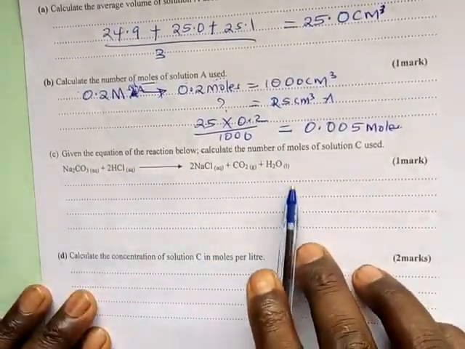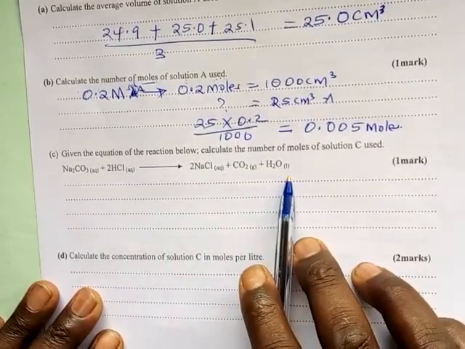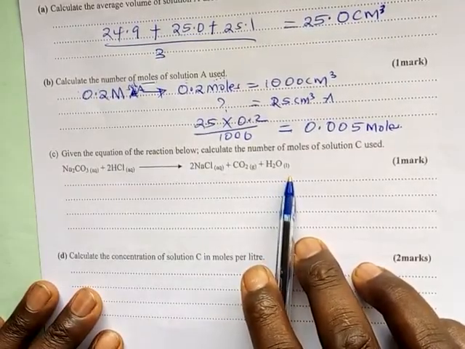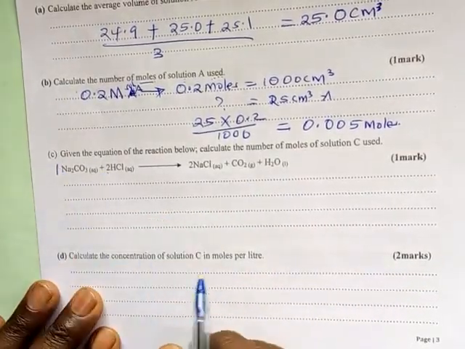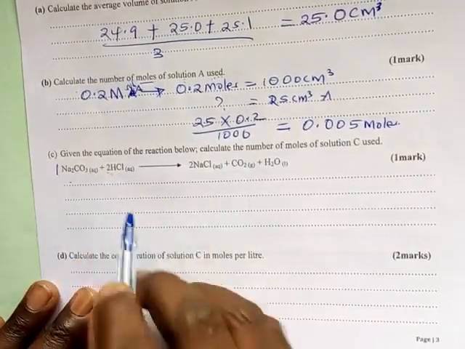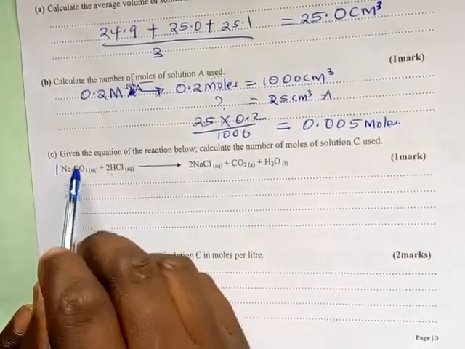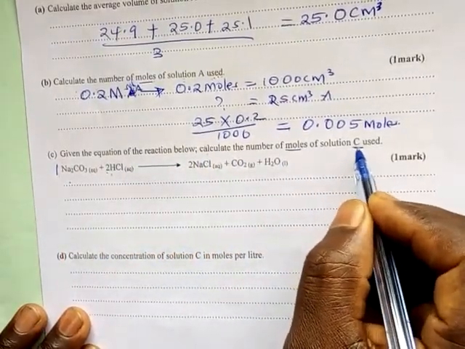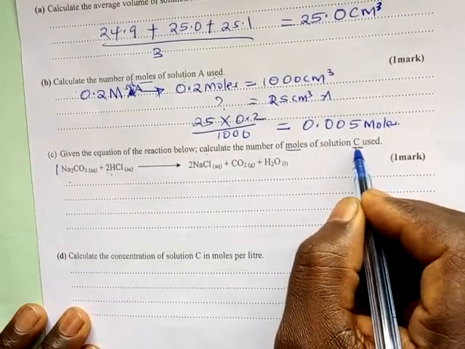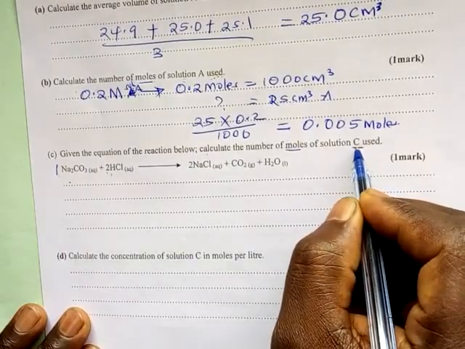They have given us the equation. This equation you are supposed to write it yourself, but now thank God they have given us. You can see that the ratio is 1 to 2. The carbonate ratio is 1 and this is 2. So given the equation below, calculate the number of moles of solution C. Remember, solution C is the carbonate, sodium carbonate, right?